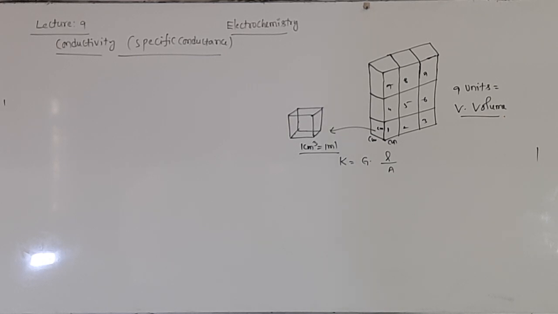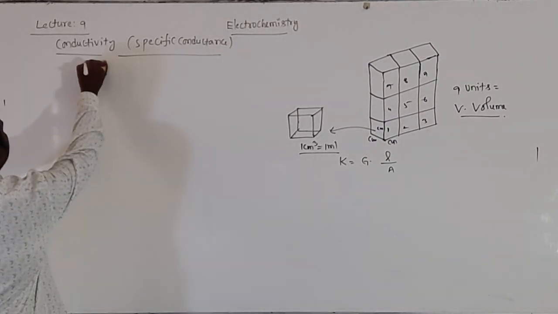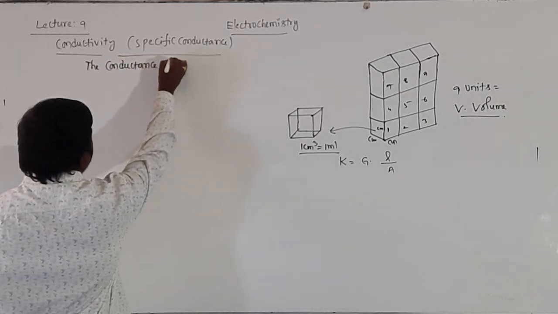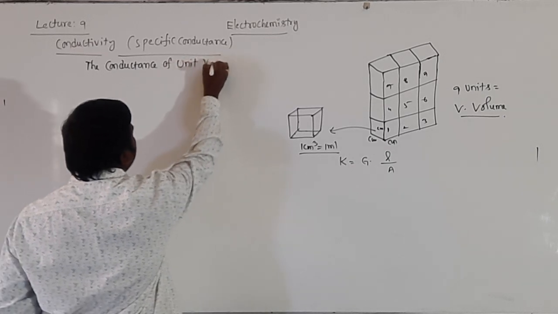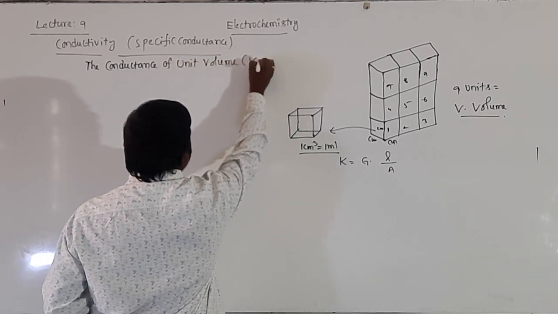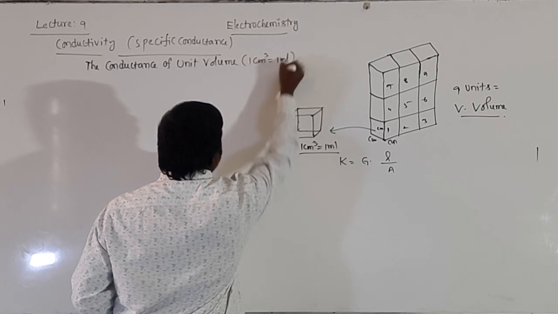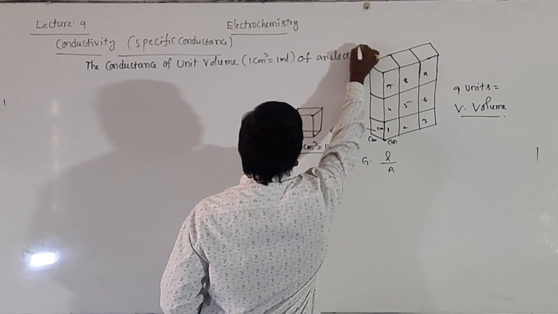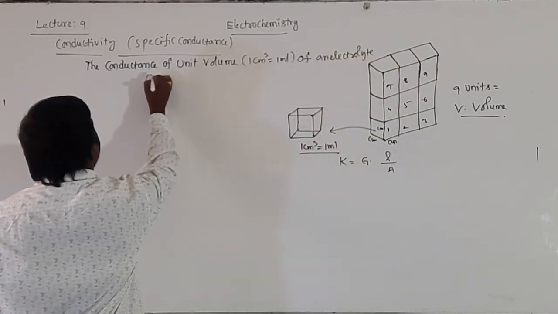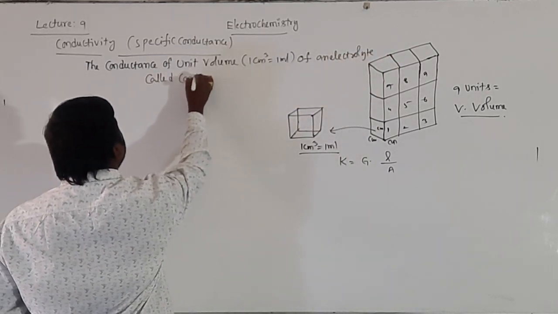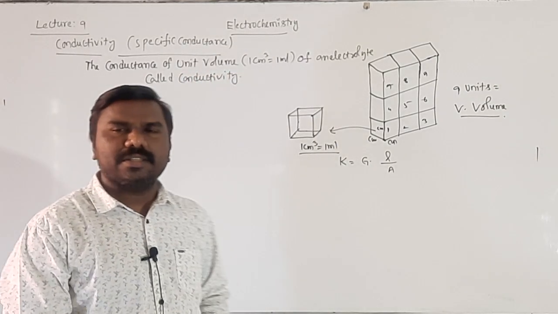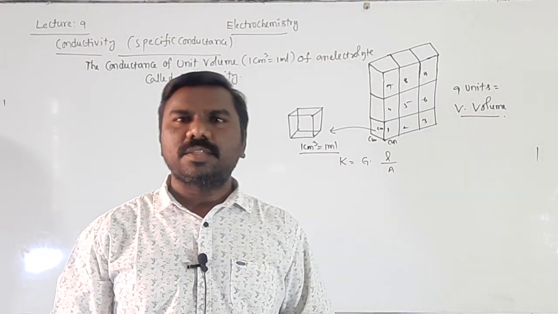The conductance of unit volume, meaning 1 centimeter cube, 1 milliliter of an electrolyte, is called conductivity, also called specific conductance.